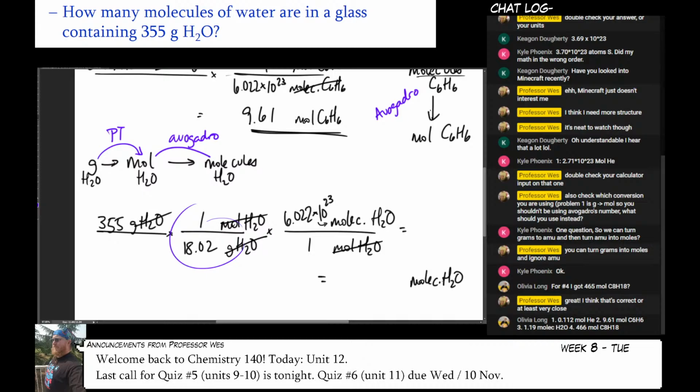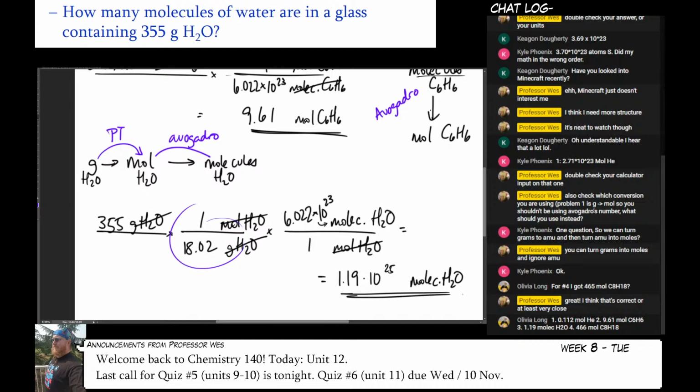All right, and let's punch all this in the calculator. So 355 times Avogadro divided by 18.02. And I got 1.19 times 10 to the 25.